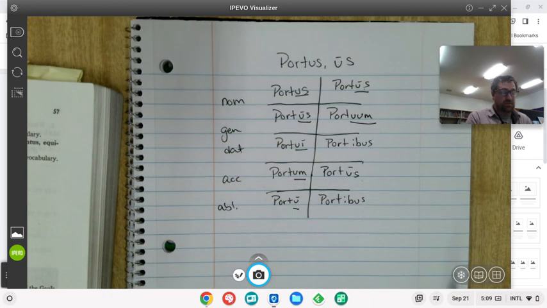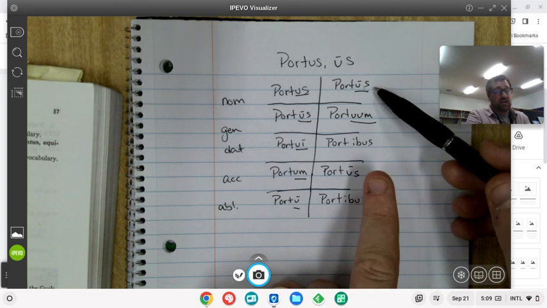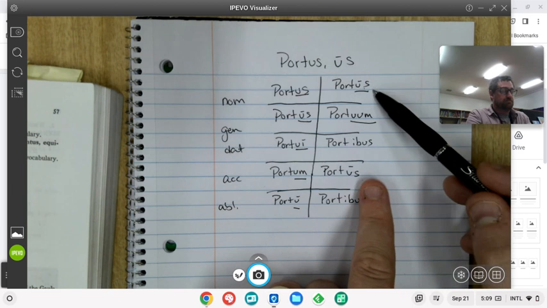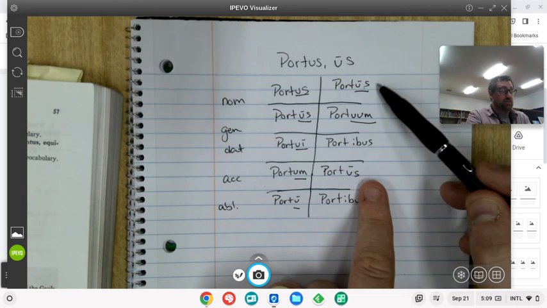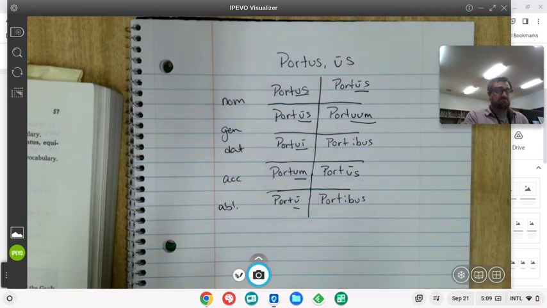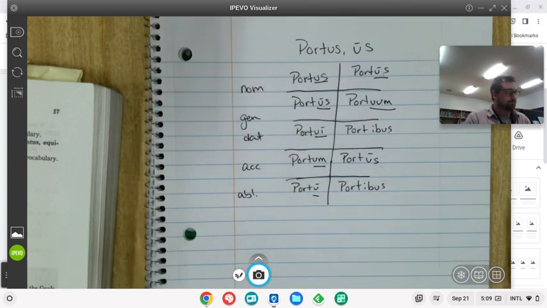So a lot of what we're seeing here is pretty standard. Noticing that these two are the same, which is the case of all the neuter words. Not saying this is a neuter word, but that's the case of all the neuter words, and it's the case of some other words too, a lot of other third declension words, like ace and ace. So now that these two are the same as each other, that's nothing new either.